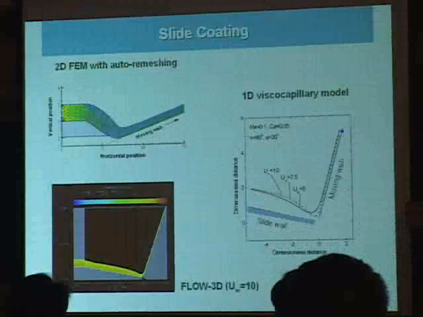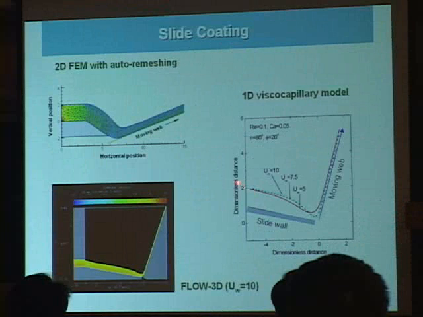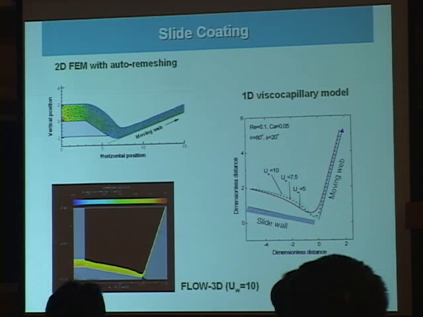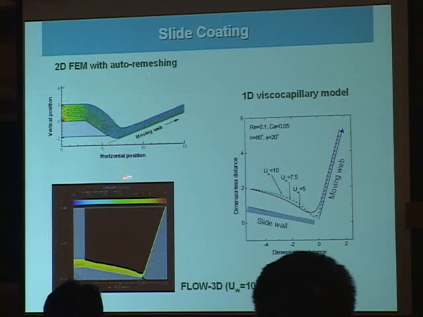So using these equations, we analyzed the flow behavior near the coating bead region in the slide coating flow. Also, we are now analyzing the 2D flow using the 2D FEM program and commercial packages.